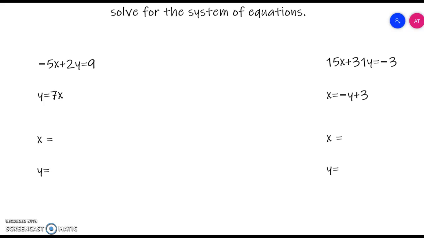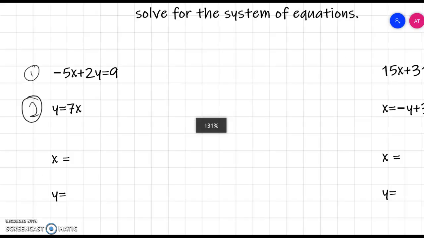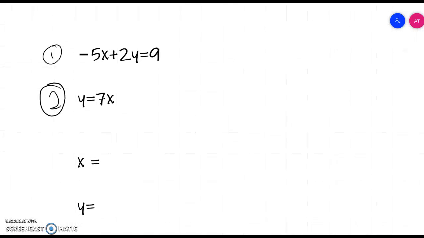So what we're going to do is, remember, we're going to use the substitution method. Here's my first and second equation. I know that one of these is in y equals mx plus b form, which is this one right here. So if I at least have one equation in y equals mx plus b form, I can take y, which we already know equals 7x.